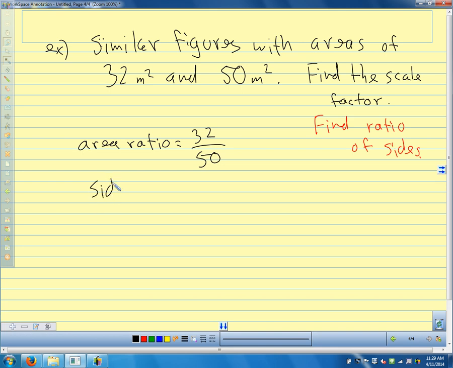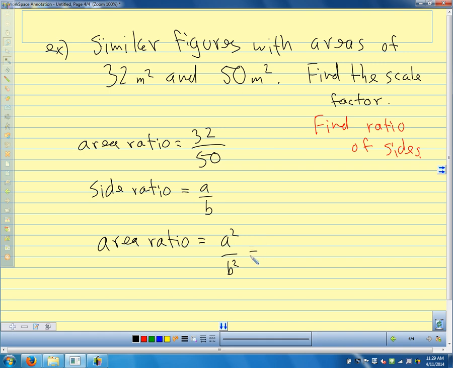Our side ratio is A over B. We don't know what those numbers are. What do we do to the side ratio to get the area ratio? Square it. So the area ratio is A squared over B squared. The area ratio is also 32 over 50. Those are the same thing.